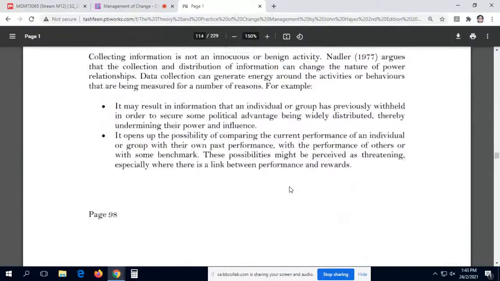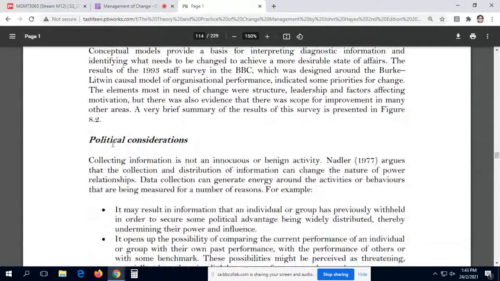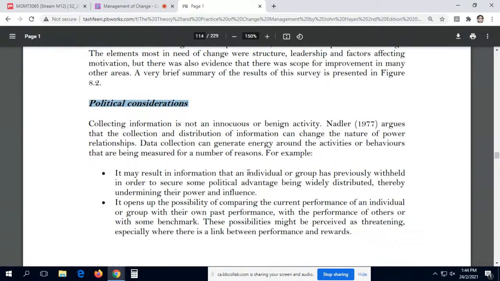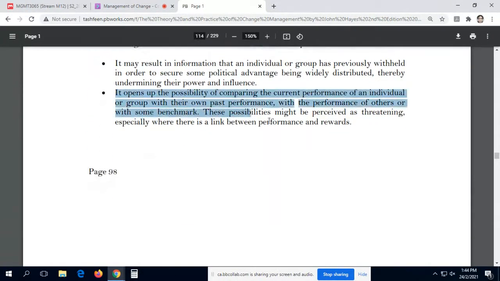Let me go back. So here I was, political considerations. These can really frustrate you. You really need to think about data. For example, data collection can generate energy around the activities or behaviors. Look at this one. It opens up the possibility of comparing the current performance of an individual or group with their own past performance, with the performance of others, or with some benchmark.